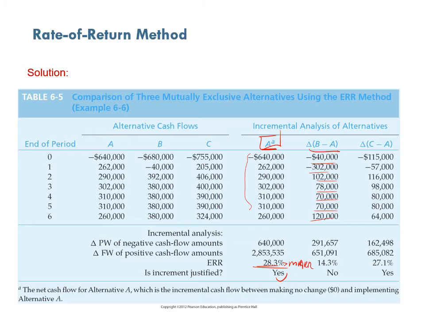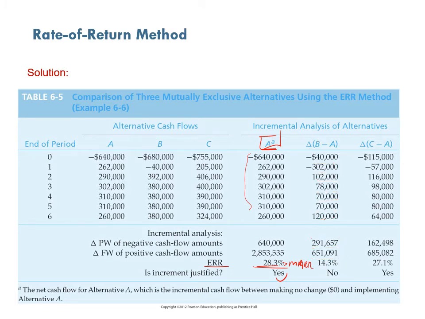We find the present worth of the expenses, we find the future worth of the revenues, and we find the interest rate that will make this present worth equal to future worth, and this is our external rate of return. And since it is less than MAR, it means that the increment is not justified. It means that we cannot prefer B over A. And we continue with A. A is still the best project.